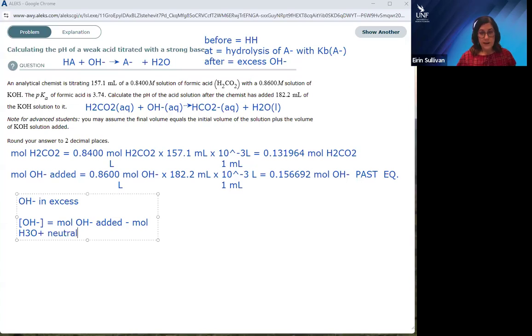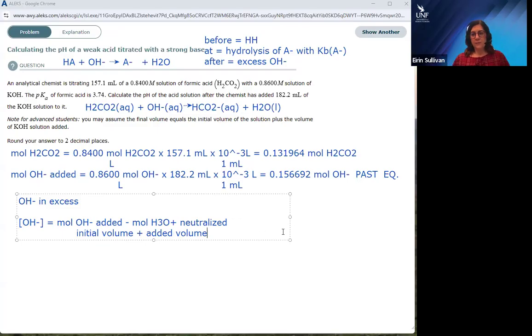That is going to be the same as the moles of formic acid that we just calculated. So that will give us our total excess number of moles of hydroxide, and then we're going to divide that by the initial volume of our solution, and then add to that the added volume, because the number we're dividing by to get the concentration is going to be bigger, right? If we started with 157.1 milliliters of acid and then we've added 182.2 milliliters of base, we're going to have a larger total volume we're dividing by.